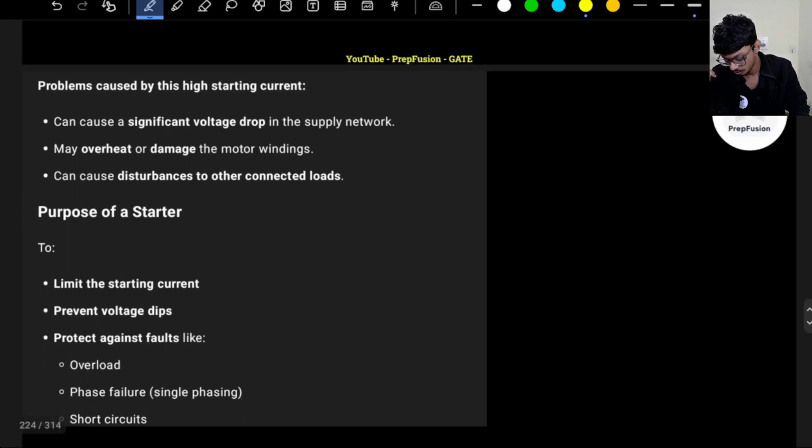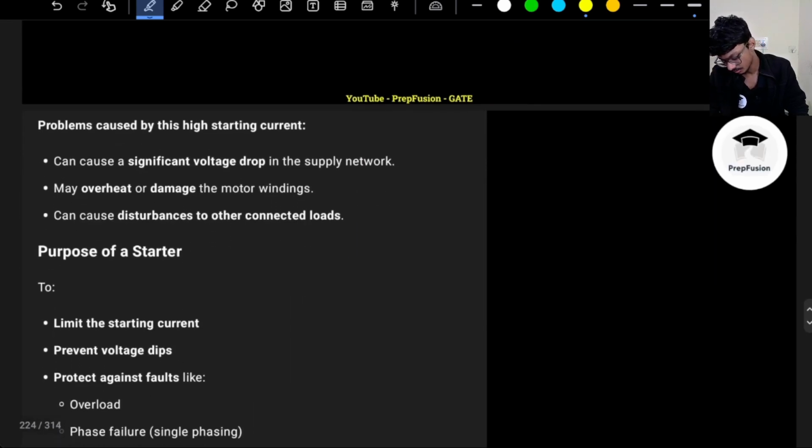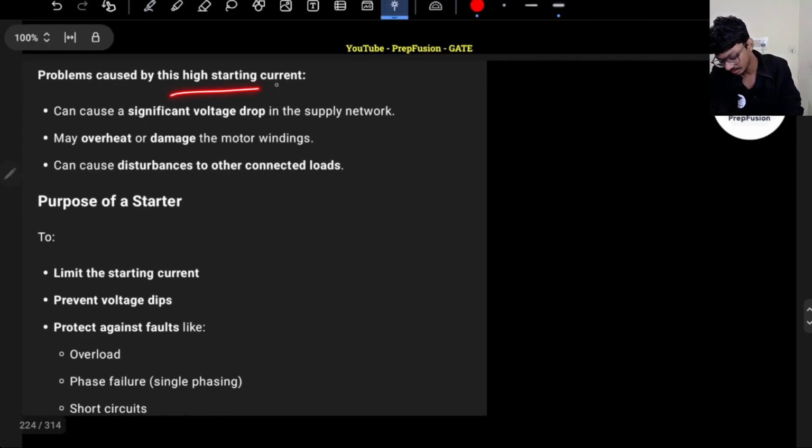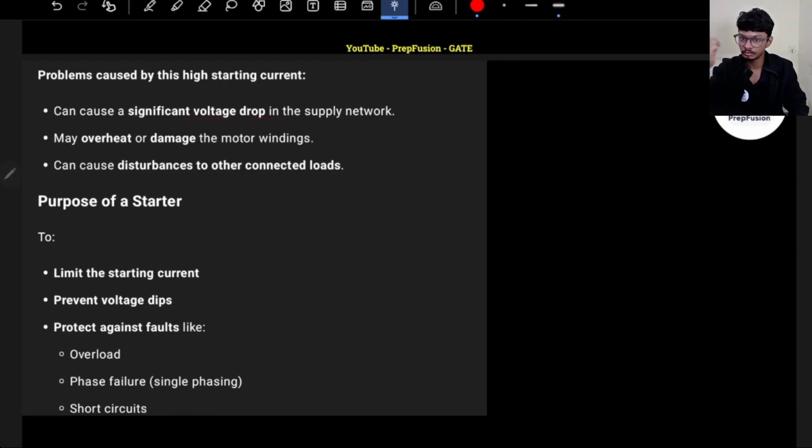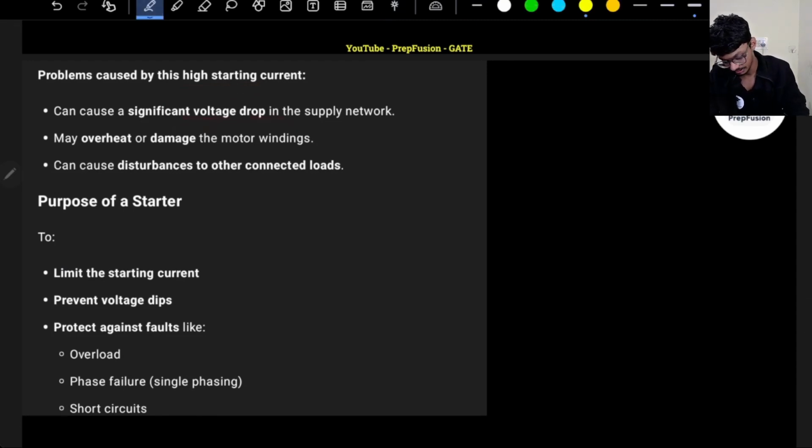Okay, so all this can cause problems like significant voltage drop in the supply. If I am taking a huge amount of current, let's say this is the supply, and there is RL here, and let's say the supply is giving 100 volts. Of course the transmission line will have its own resistance, a very small value, 0.01 ohms.